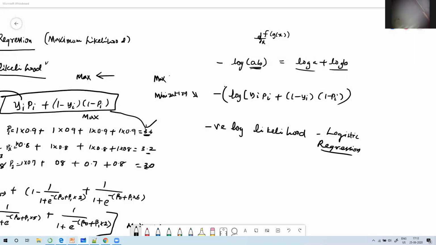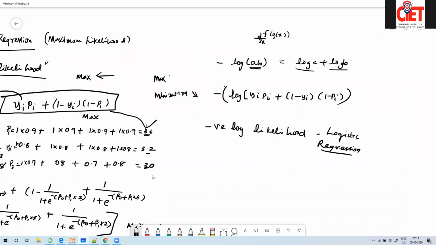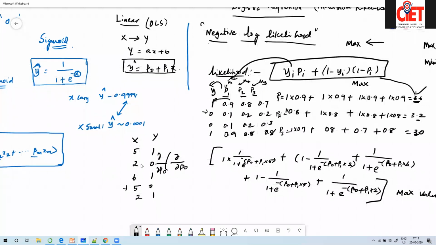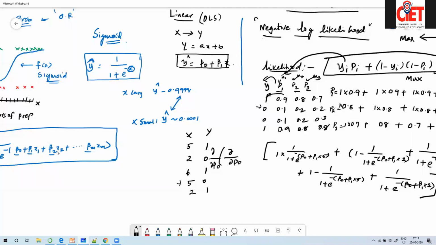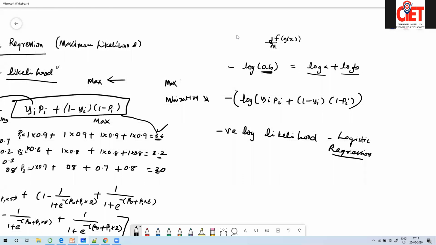If we just look at these statements here, they do the job for us, but we don't appreciate what happens behind the scenes. If you know what is happening behind the scenes, so much sound logic is being used in coming up with those estimates of beta naught, beta 1, beta 2, and finally to make the prediction. That's where the strength of data science is.